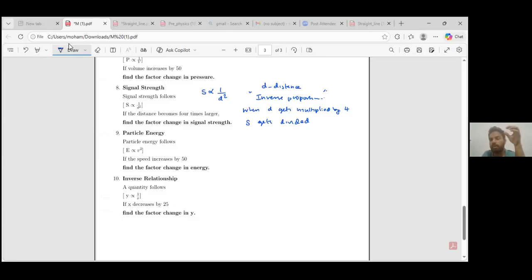So when d gets multiplied by 4, s gets divided by, now here s is proportional to 1 over d squared, it gets divided by the square of 4, which is 16. So s reduces by a factor of 16, right? That's the idea.